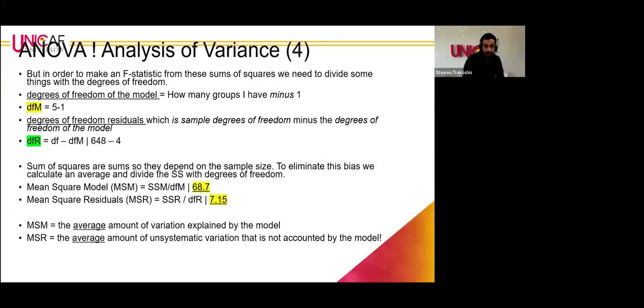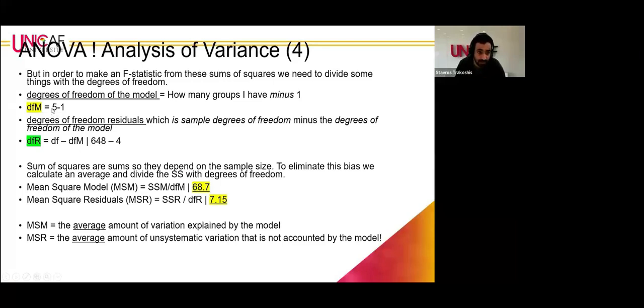To get an F statistic from these sums of squares, we need to divide by degrees of freedom. As you remember, we have summations, and to go from summations to averages, we need to divide by something. And this something is always the degrees of freedom. So we have two types of degrees of freedom.